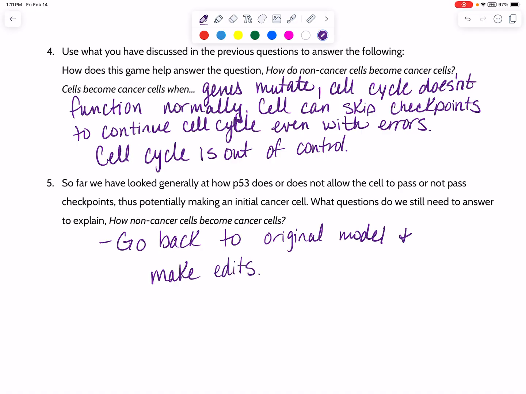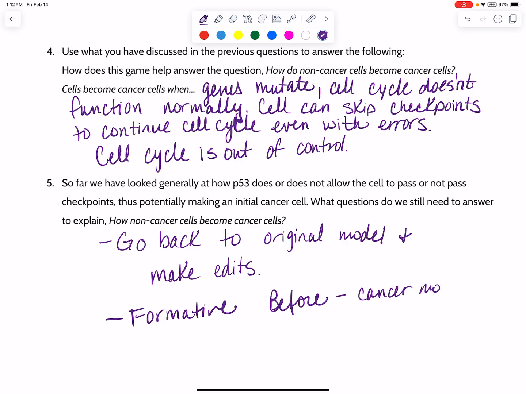So what I'm going to have for you is you're going to go to Formative, and there's going to be a before question. So that screenshot you already have. So that's your cancer model screenshot, not the taco or your sandwich, okay?